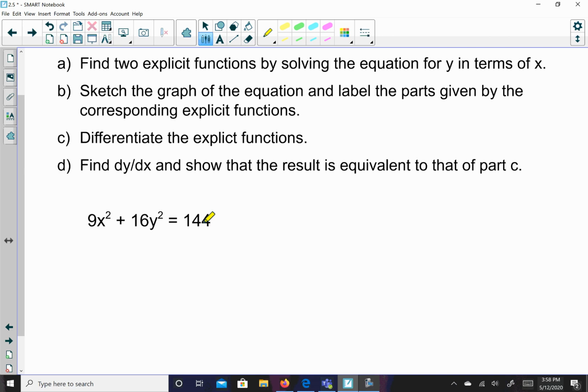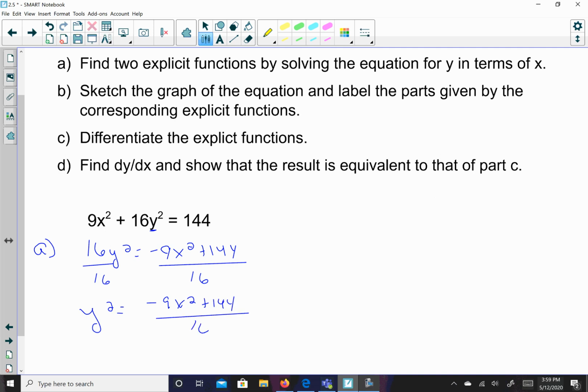It says find two explicit functions by solving the equation for y in terms of x. So I'm solving for y in terms of x. When I do that, I'm going to have 16y squared is equal to negative 9x squared plus 144. To solve for y, I'm going to divide everything by 16. So y squared is equal to negative 9x squared plus 144 over 16.